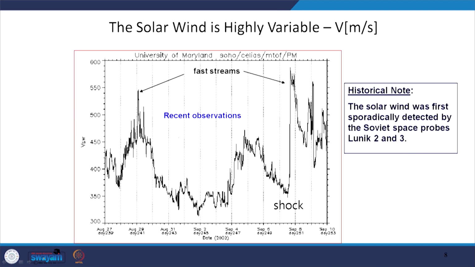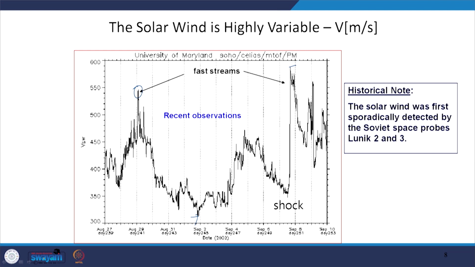When I say variable, it can be between 400 to 700 kilometers per second. This is just a figure which shows how rapidly the velocities of the solar wind can change from the highest point to the lowest point. Let us say this is 310 or 320 kilometers per second, and the peak value is 550 kilometers per second, or it may go as high as 600 kilometers per second itself.